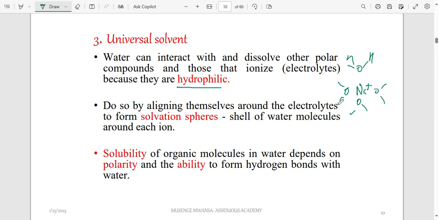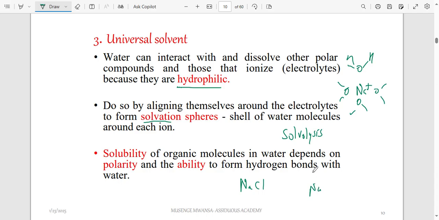And where a charged molecule is surrounded by another molecule, that is known as solvation. So for example, the salt that we use, sodium chloride, undergoes what we call solvolysis. Solvolysis is being broken by being surrounded.